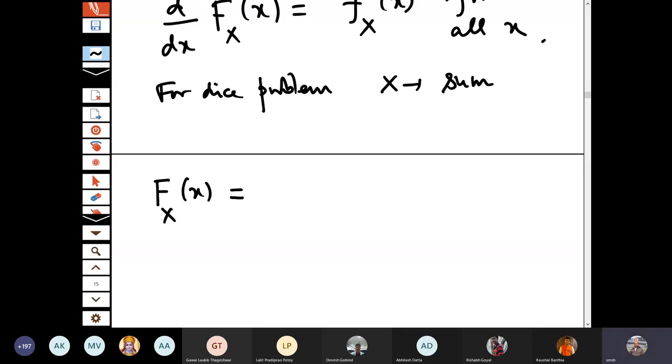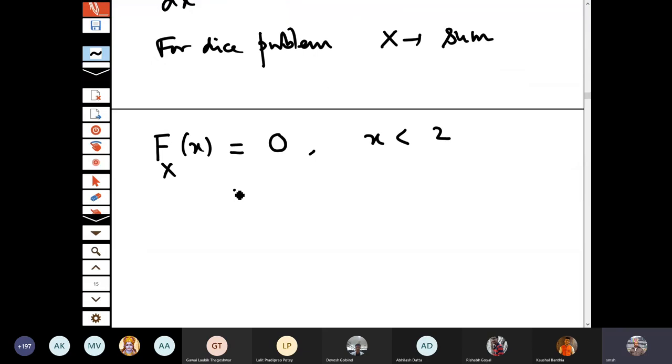There the first value that the random variable took was 2, isn't it? 2, 3 up to 12. So the CDF is 0 for x less than 2. Then at x equal to 2, it became 1 by 36, because the probability that X is equal to 2 was 1 by 36.